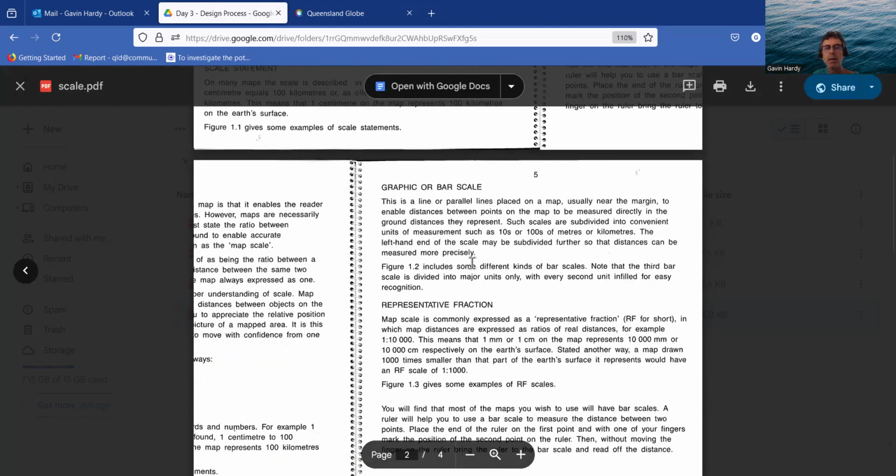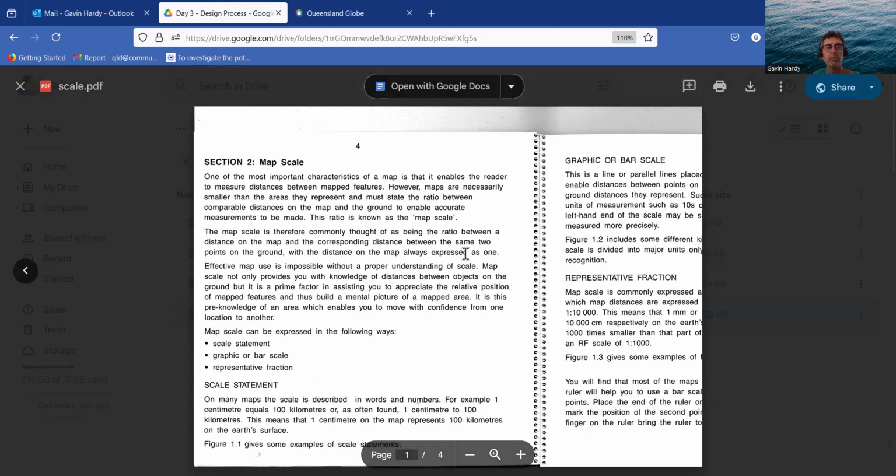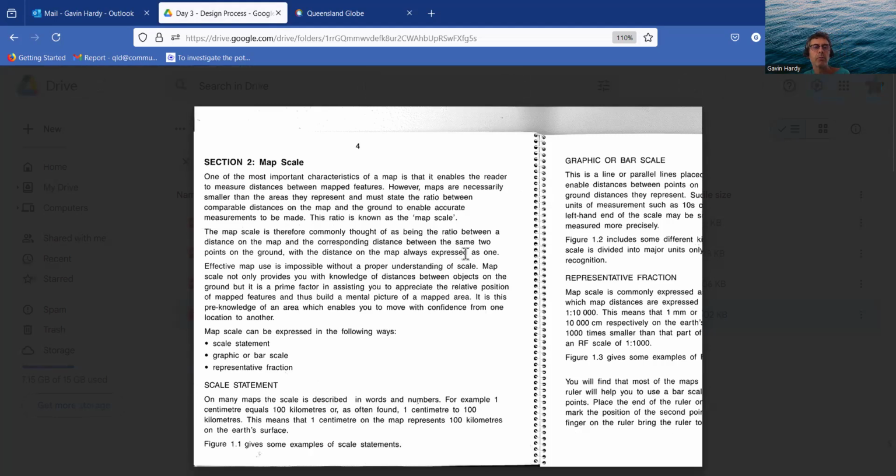Get familiar with what scale's all about if you're a bit unsure, but I'll read the first paragraph. So one of the most important characteristics of a map, which is what you're going to create, a map or a plan, is that it enables the reader to measure distances between mapped features using a scale ruler.